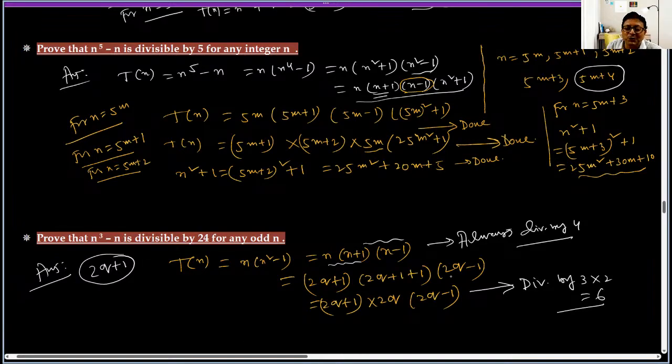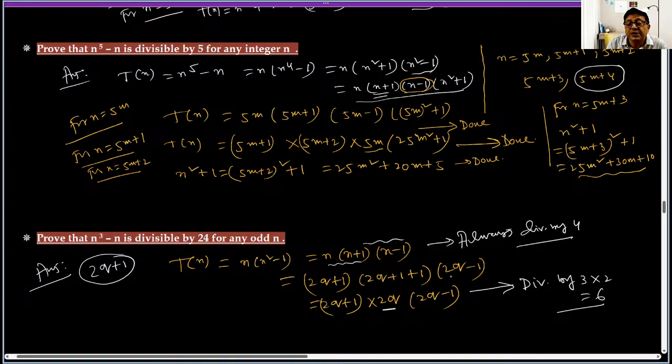So 3 into 4, 12 is confirmed, but not 24. Then what to do? Which part do you consider? Because the problem is you cannot multiply these two. This is an even number, no? In this product, this is even, in this product, this is even. So you cannot use it repeatedly, that it is divisible by 2, 2, 2. There also you got it by 4. So no, this way it is not proved.